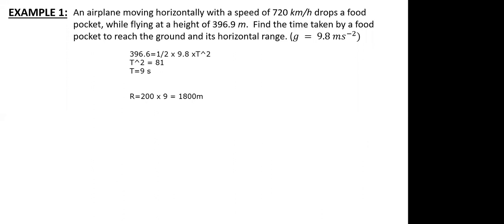So whenever anything is going to fall down from it, at that moment it is going to have that initial velocity with which it was traveling with the aeroplane. So the food packet will also have that initial horizontal velocity. Understood? Yes, sir, thank you.